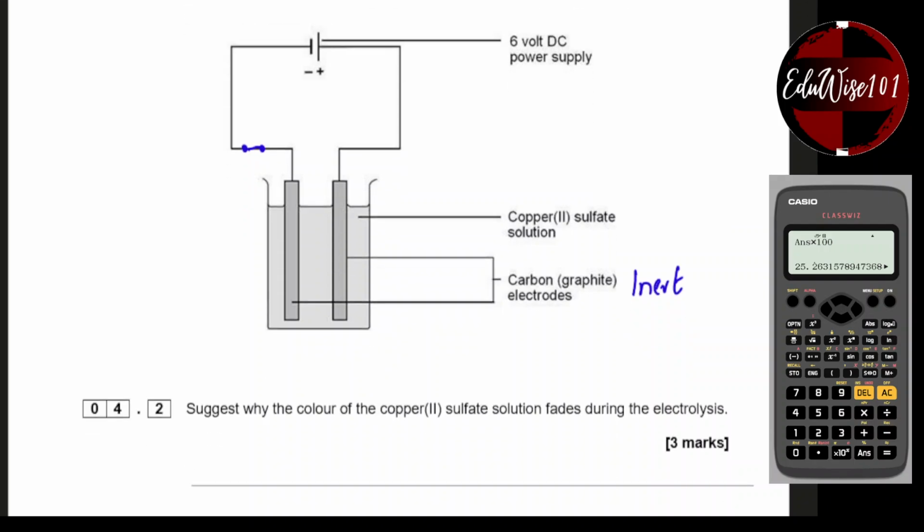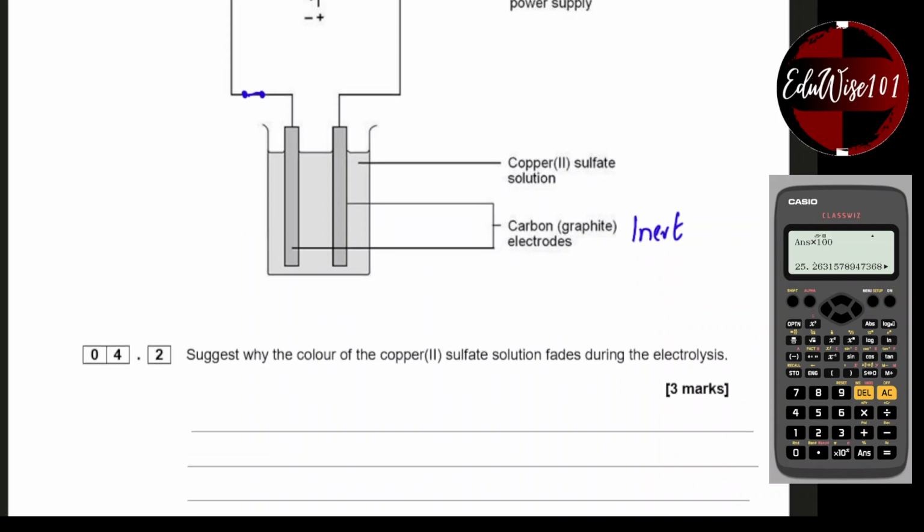Suggest why the color of the copper 2 sulfate solution fades during electrolysis. Now, this copper 2 sulfate solution is usually blue in color, and that's mainly because of this copper ion.